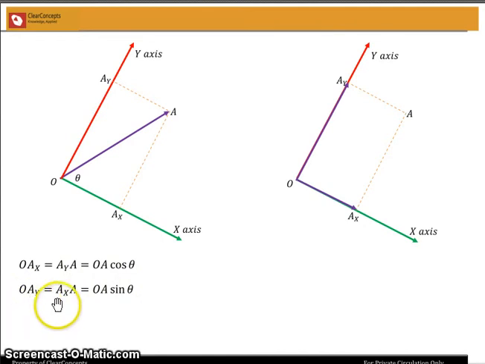Similarly, OAY will be OA sin theta, that is the opposite side is the hypotenuse times sin theta. This is just basic trigonometry.